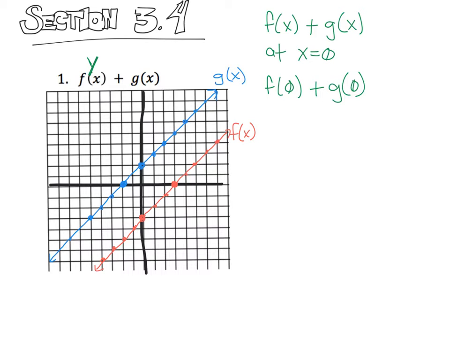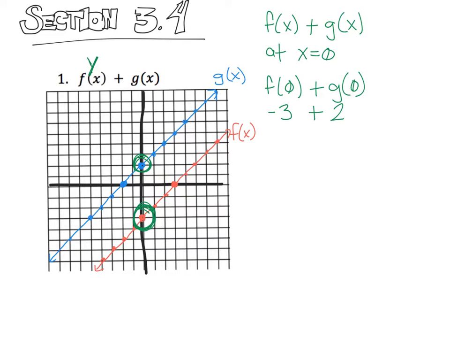You will notice that when x is 0, right here, the f of x is equal to -3. So I'm just going to put that value as -3 right there. Then when x is 0, what is the y value of g? That is that point right up there. That is a +2.